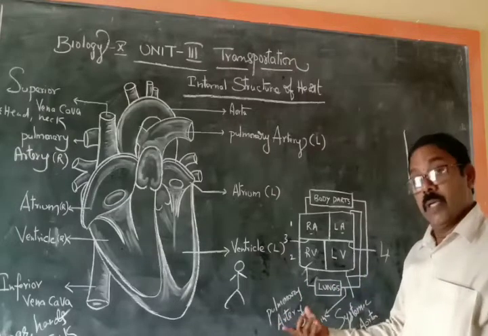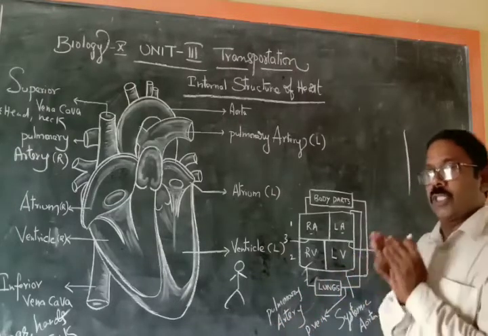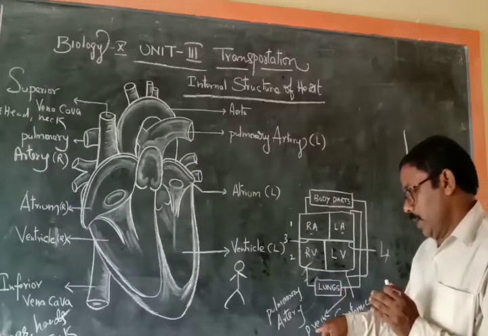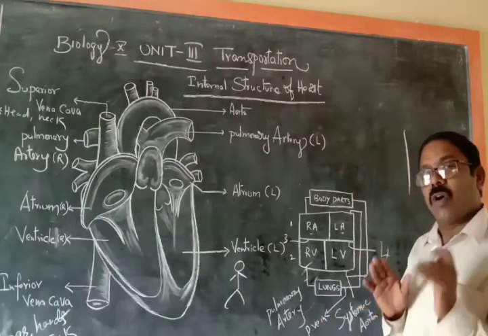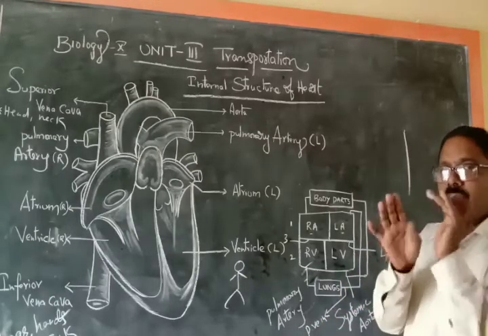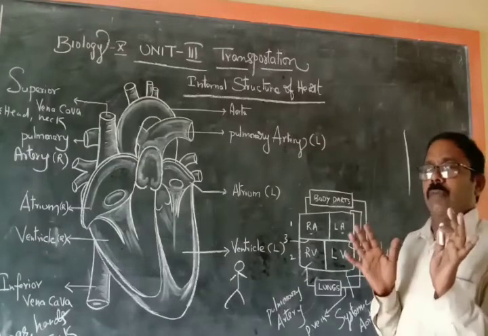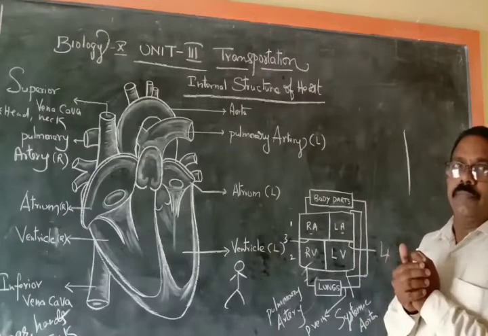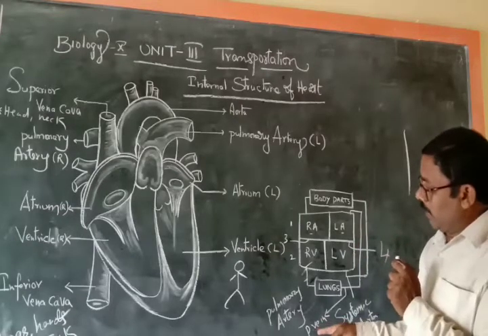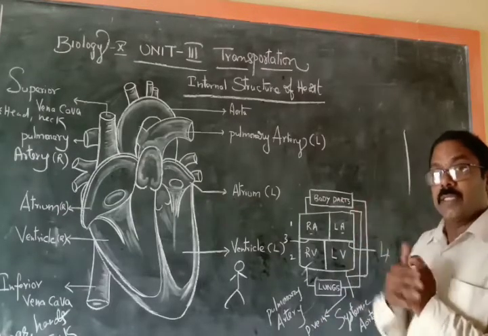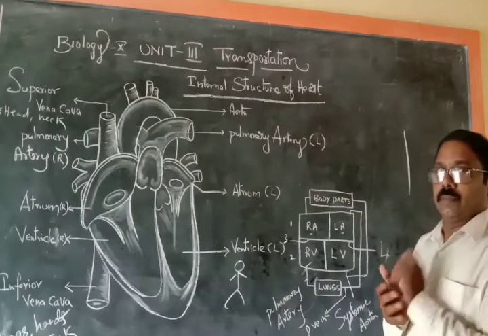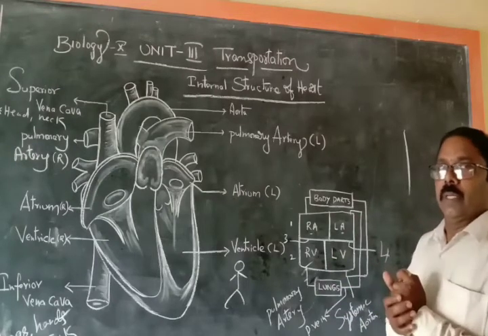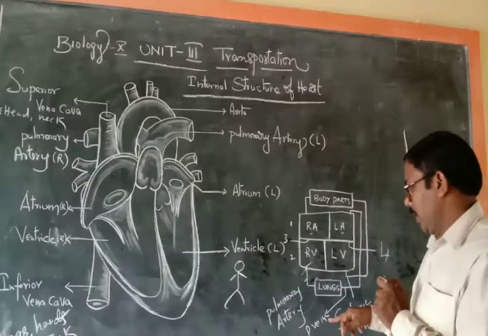The pulmonary artery always carries deoxygenated blood and the pulmonary vein carries oxygenated blood. That is the difference. Arteries normally transport only oxygenated blood, but the pulmonary vein carries oxygenated blood. Be careful. Remember and identify that carefully.